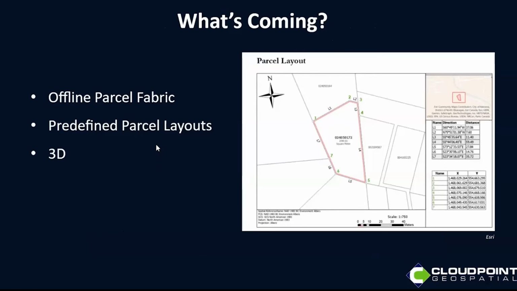If you had a case where you had poor network or poor connectivity, or if you have some field data collection workflows that might be associated with land records or the parcel fabric, they are looking at bringing that as a new capability. Another one is with predefined parcel layouts for tax mapping purposes.